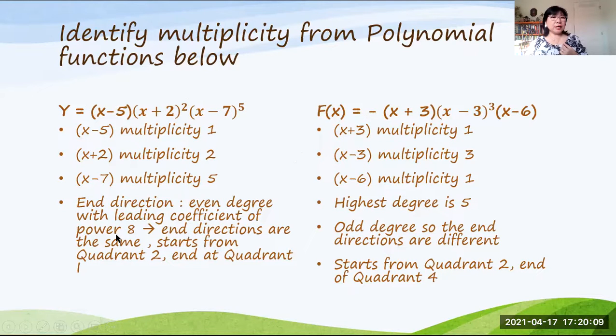And the directions are the same. So they both have the same direction, whether they both go up or they both go downward like this or upward like this. Now in this case, we can see that both of them will end up going upward because, no, let me see. They're both going downward actually.